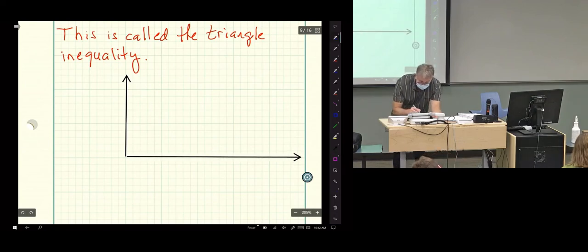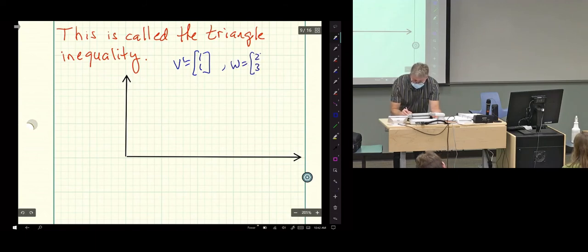Okay, so I'm going to take V1 equals 1, 1, and W equals 2, 3, so that V plus W is 3, 4. Okay, so let's see if I can mark off 1, 2, 3, 4.